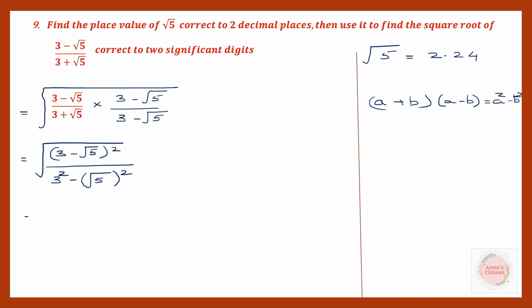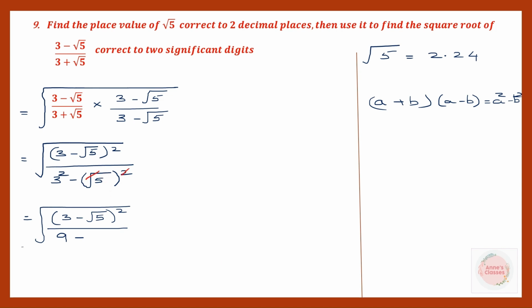So again, here also let's write the numerator as it is for the time being. That is 3 minus root 5 the whole square. We'll leave it as it is. Now let's look at the denominator. Now here we have 3 square. 3 square is 3 into 3, which is 9, minus, now here remember what I said in the previous question, if you have a square and a square root, you can cancel both.